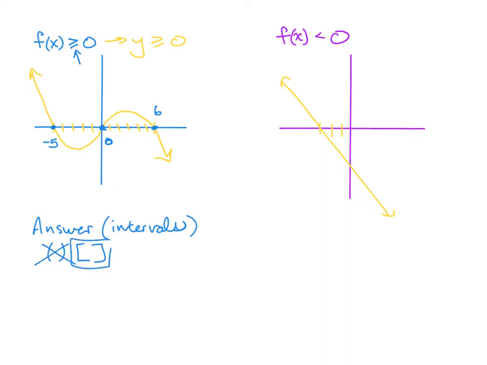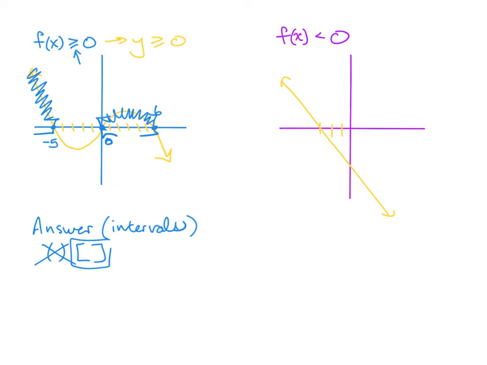Now, how do we make these intervals? It's pretty simple. All we have to do is remember that this means above the x-axis. So I'm just going to come along and shade anything that's above the x-axis, like this interval here and this interval here. And to make it even easier, I'm going to put a square bracket on -5, 0, and 6. And this makes getting the answer so simple.